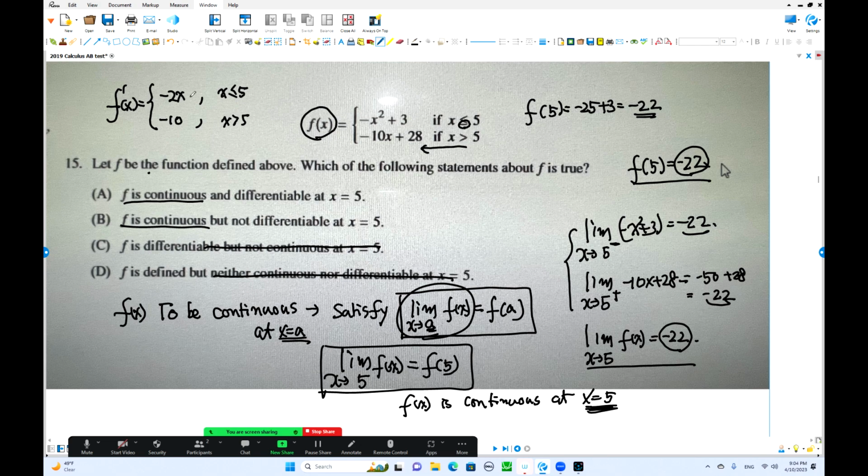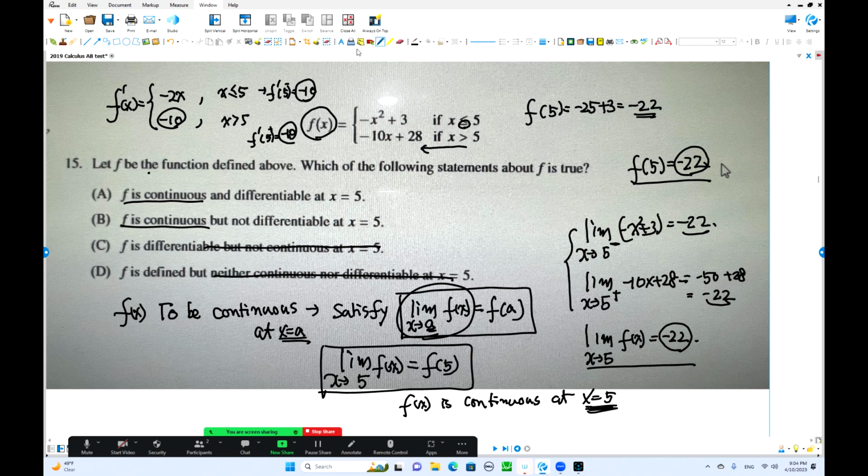Put the number 5 in there. From here, f prime of 5 is how much? Negative 10. From the right-hand side and from the left-hand side, still negative 10. Same derivative. The derivative exists, that is differentiable, right?